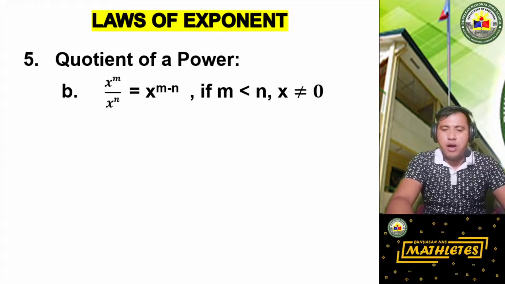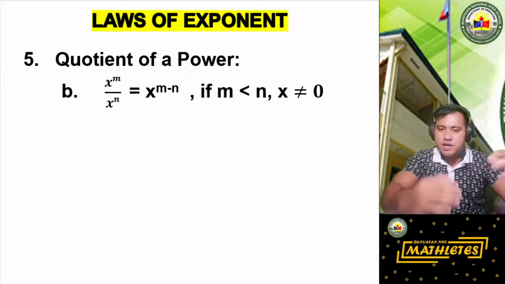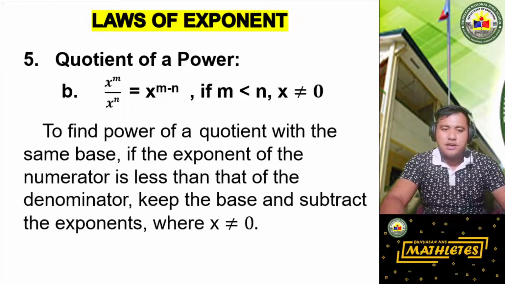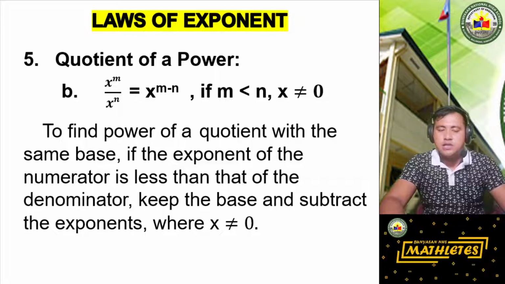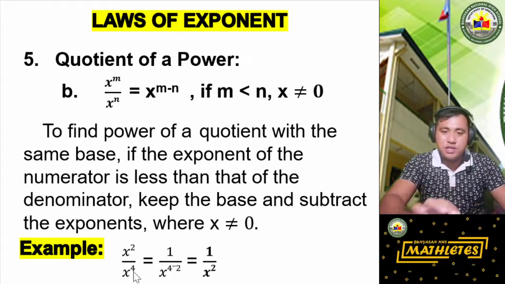How about if the exponent in the numerator is less than the exponent in the denominator? Mas malaki yung sa baba. We have to find the power of a quotient with the same base. If the exponent of the numerator is less than that of the denominator, keep the base and subtract the exponents, where x is not equal to 0.